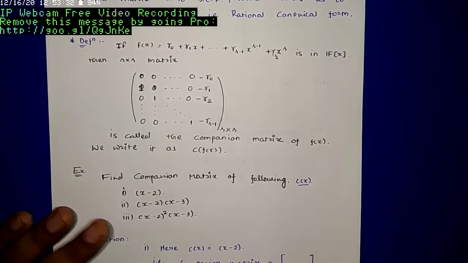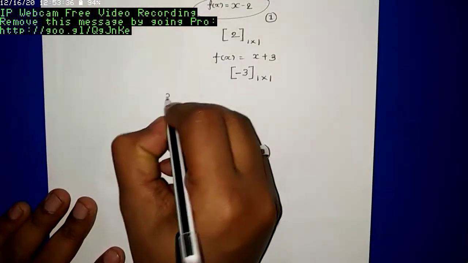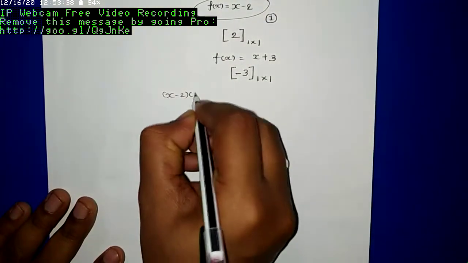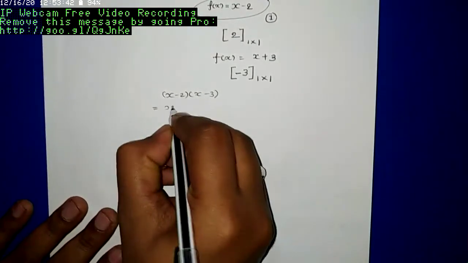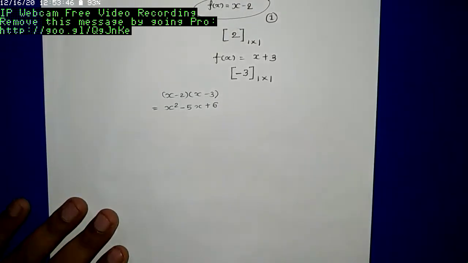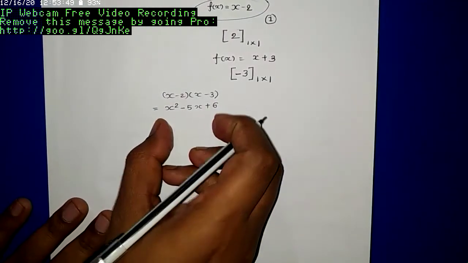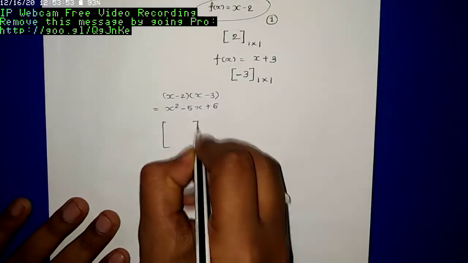Now the next example is x minus 2 times x minus 3. If we multiply this, we get x squared minus 5x plus 6. If we compare this polynomial with our standard form, we get a 2 cross 2 matrix, because the degree of this polynomial is 2.